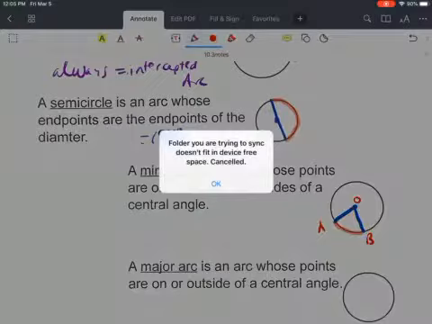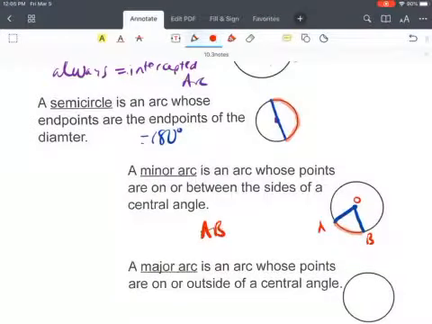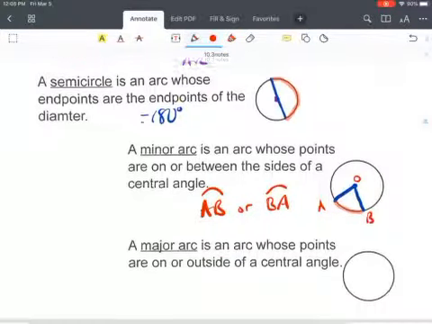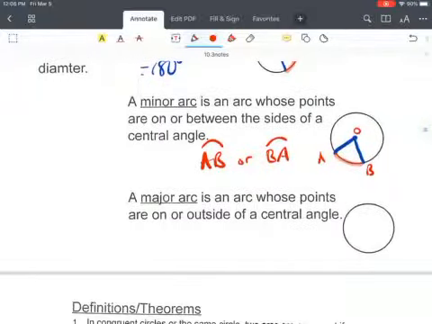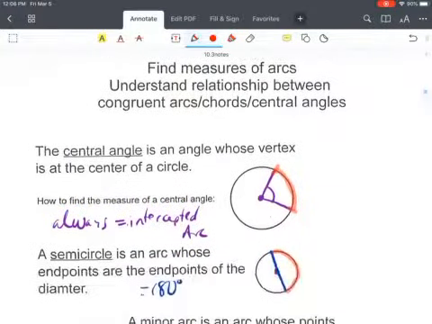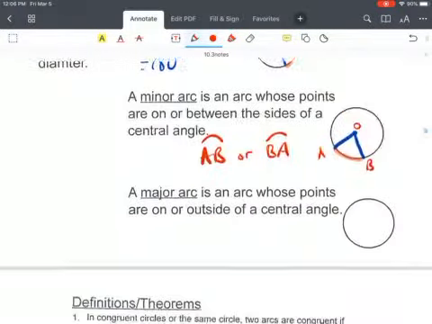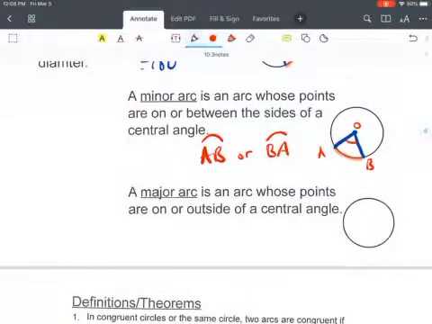So the minor arc here would be arc AB or arc BA. And as we mentioned earlier, it's equal to the intercepted arc. So the angle and the arc are going to be the same.